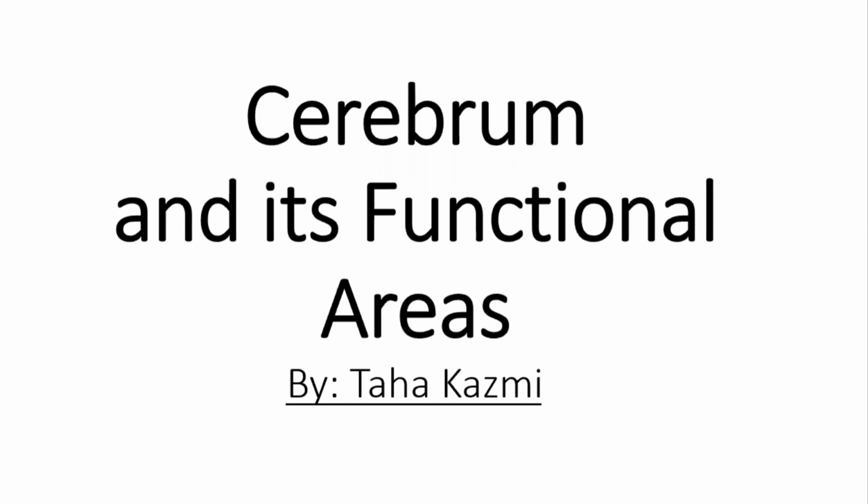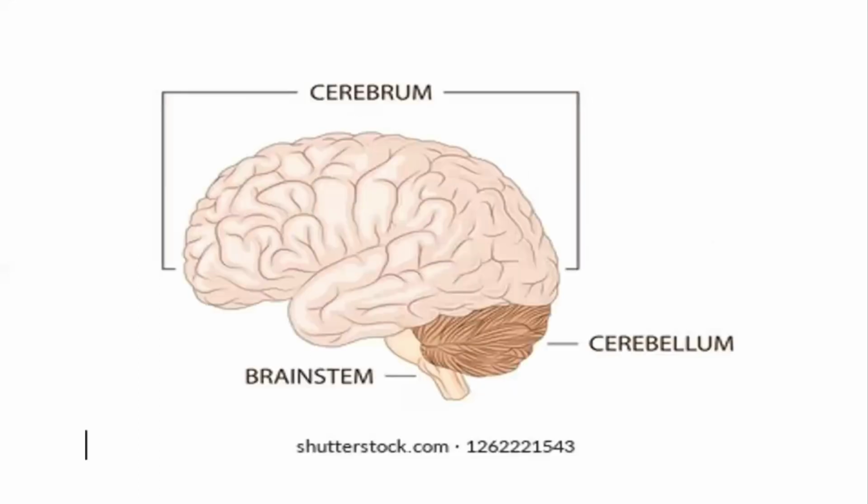So in this video, we are going to talk about cerebrum and its functional areas. The brain has three major parts: cerebrum, cerebellum, and brainstem. This part of the brain, which has sulci and gyri, is the largest part of the brain. It's called cerebrum.